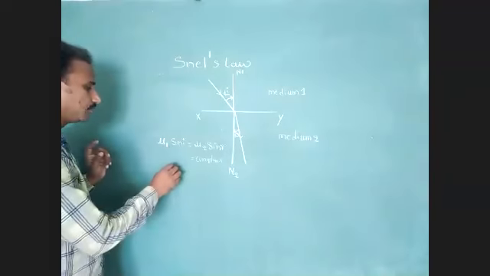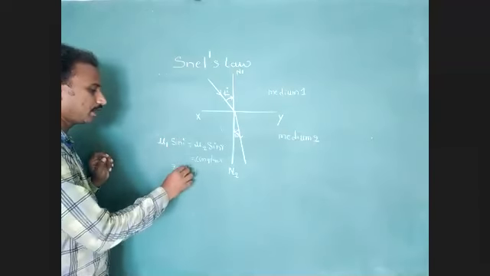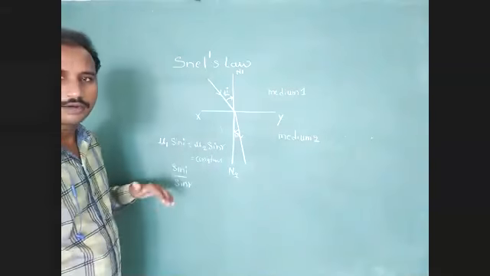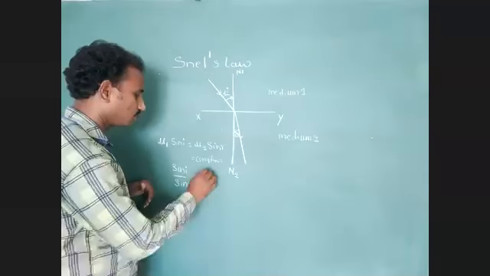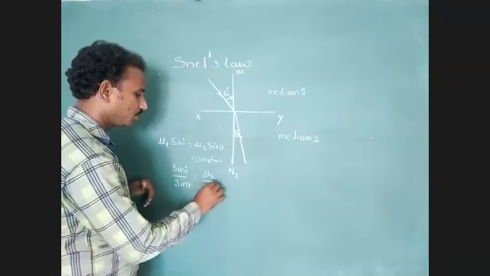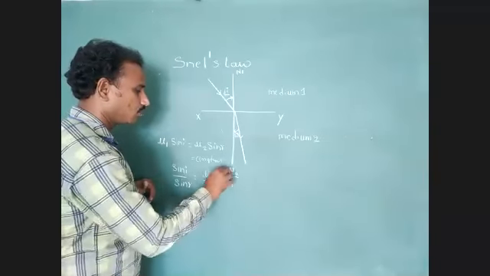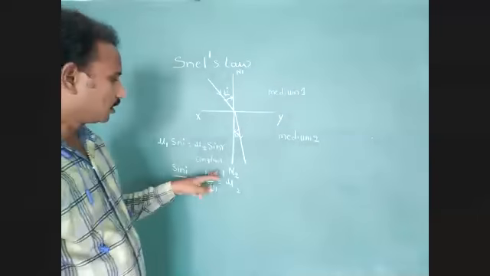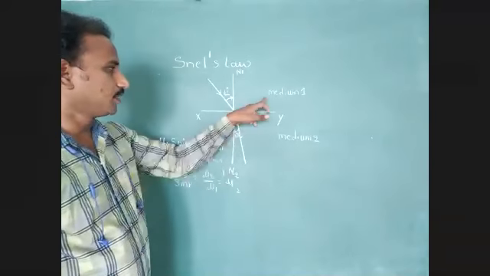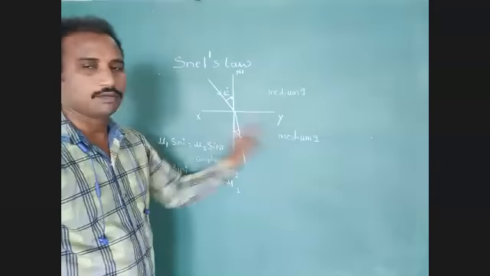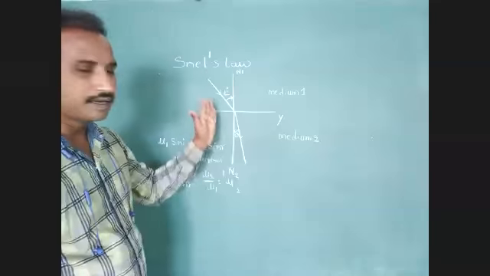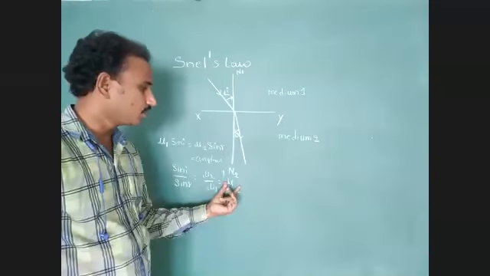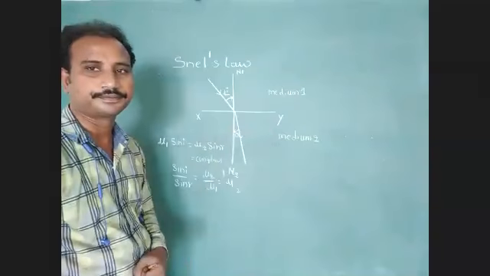So identify the ratio of sin I divided by sin R. That is equal to mu2 divided by mu1, which is equal to 1mu2. Here 1 represents medium 1 and 2 represents medium 2, with the direction of the light ray from the first medium to the second medium. Then 1mu2 is the refractive index of the second medium.